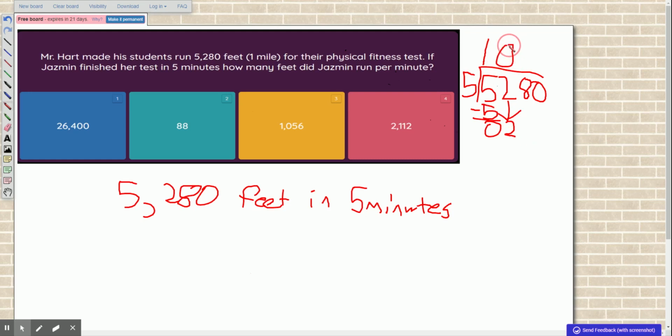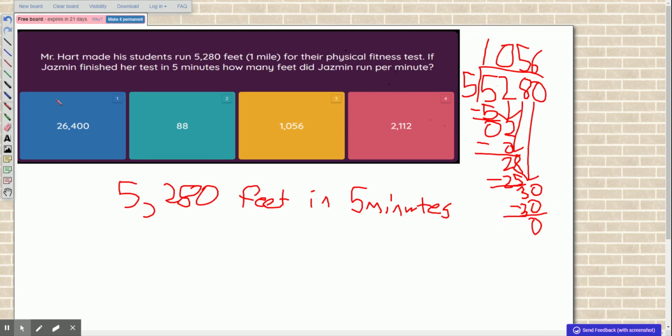5 goes into 2 0 times. 5 times 0 is 0. Bring down my 8. 5 goes into 28 5 times. 5 times 5 is 25. 28 minus 25 is 3. Bring down my 0. 5 goes into 30 6 times. 5 times 6 is 30.